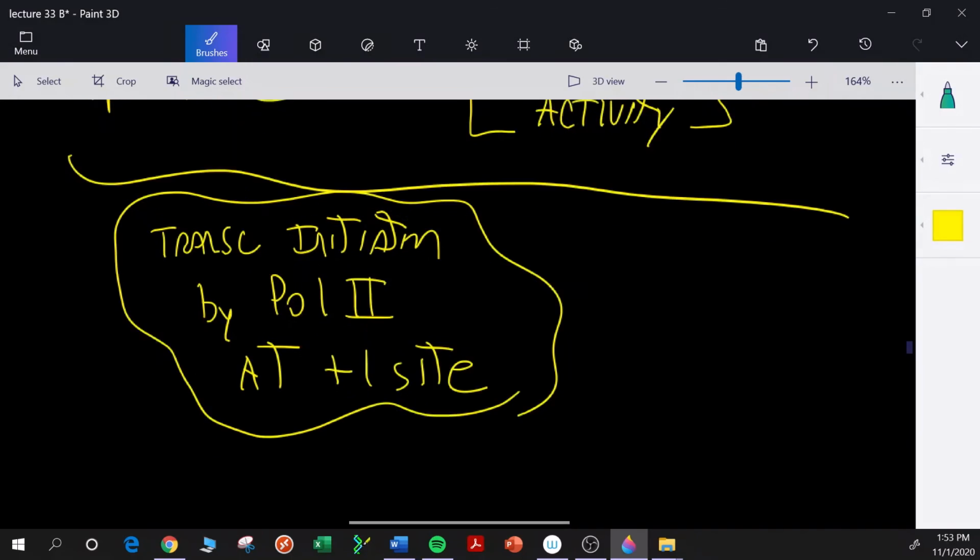Because so many of you are going to medical school or applying to medical school and very interested in medicine, I am going to introduce a genetic disease that is related to a defect in one of the general transcription factors. This disorder is called spinocerebellar ataxia.